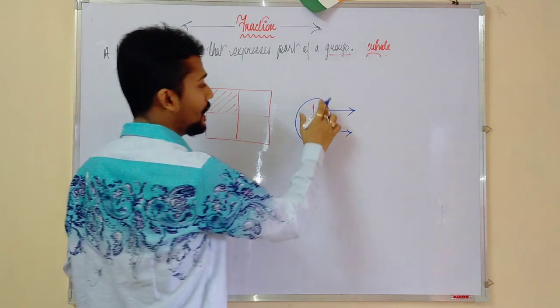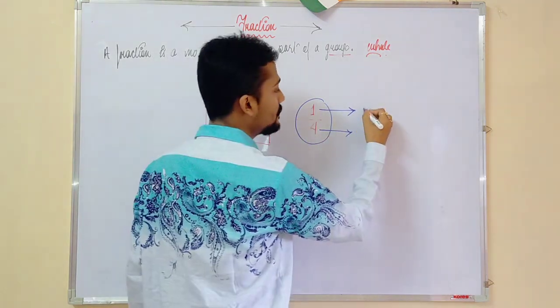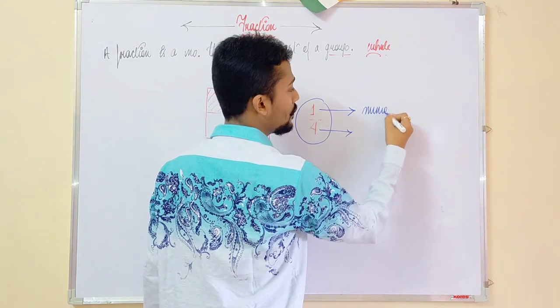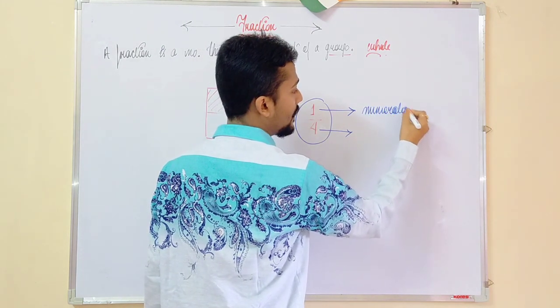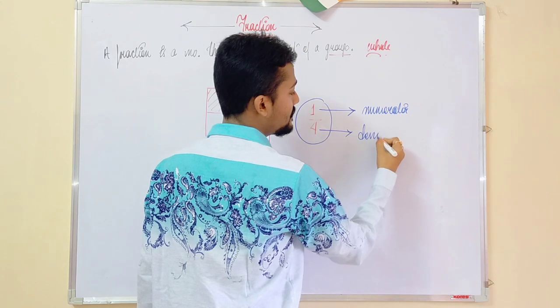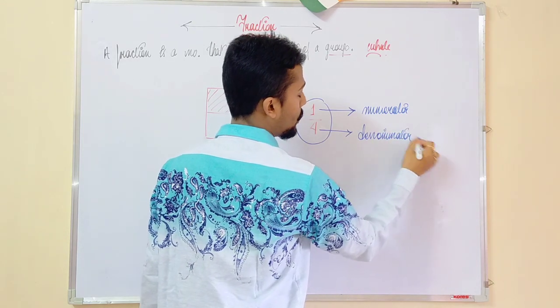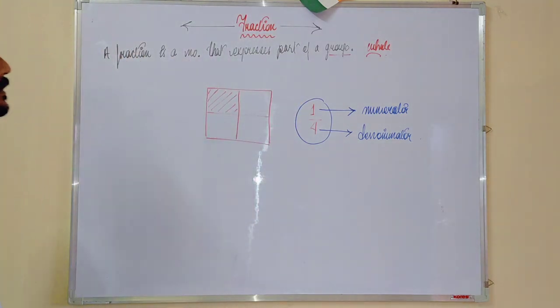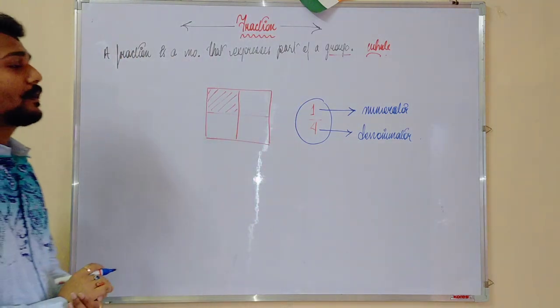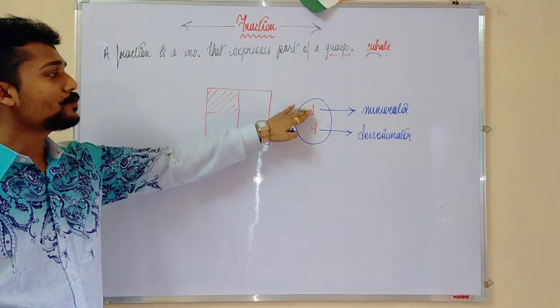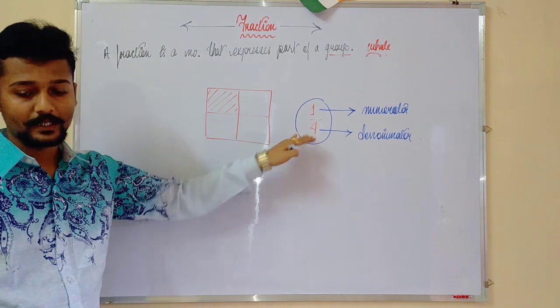The upper part is known as the numerator and the lower part is known as the denominator. The upper part is known as numerator and the lower part is known as denominator.